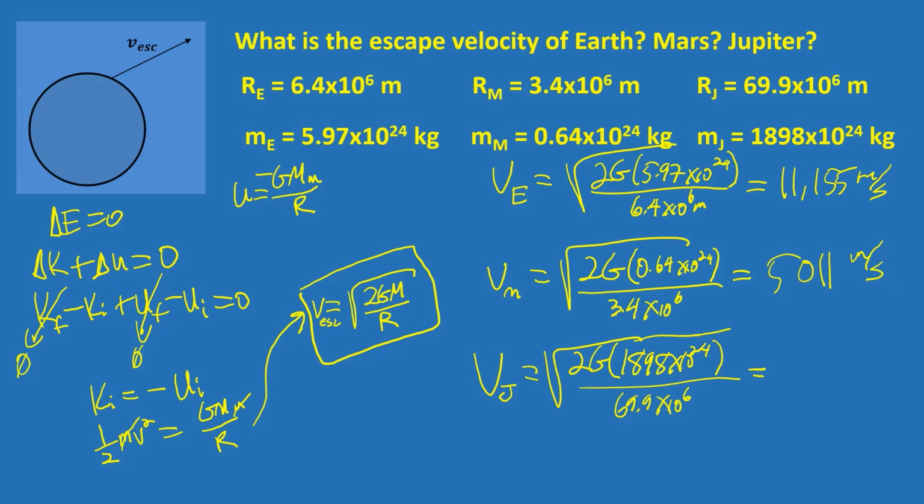And for Jupiter, we have a whopping 60,184 meters per second. And so you can see it's much harder to escape Jupiter than it is Earth, and it's much easier to escape Mars, although not as easy as it appears at first glance for how big Mars is. So it's about half of what the escape velocity of Earth is. So there you go.